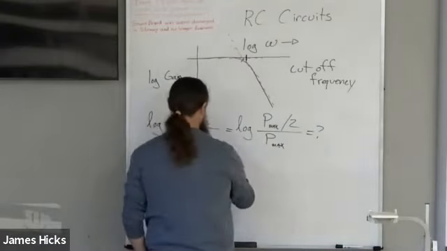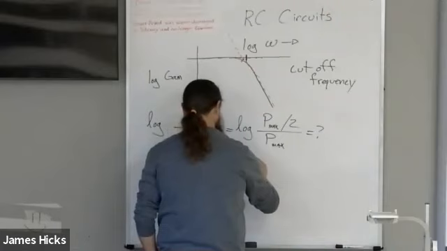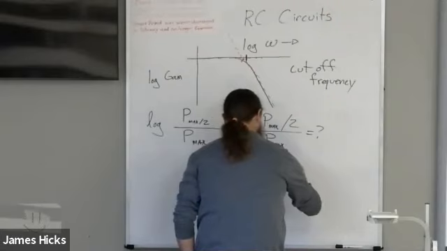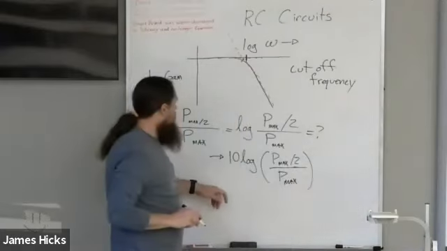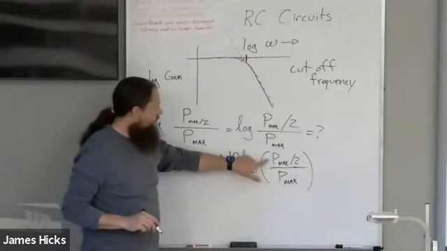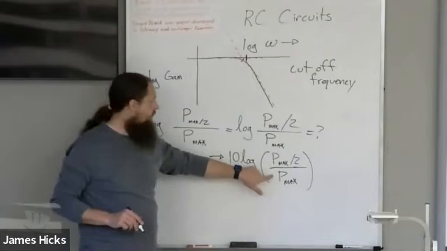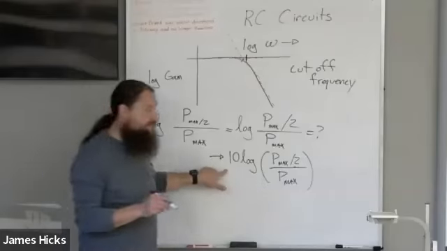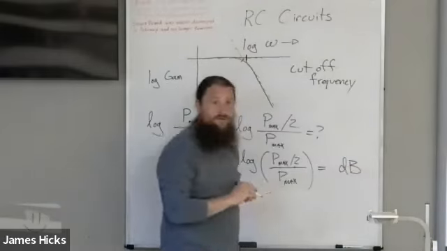So I want to look at this as ten times the log of Pmax over 2 divided by Pmax. This is looking at the power ratio in units of decibels.